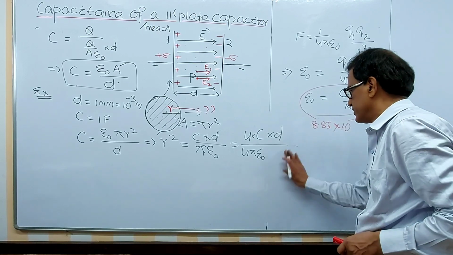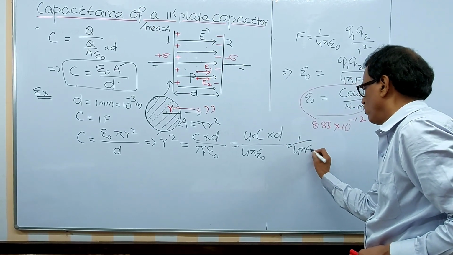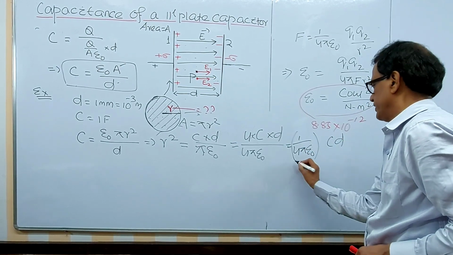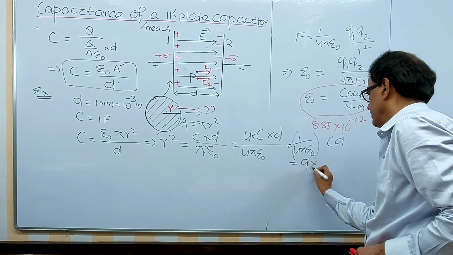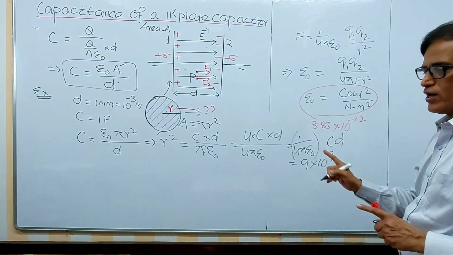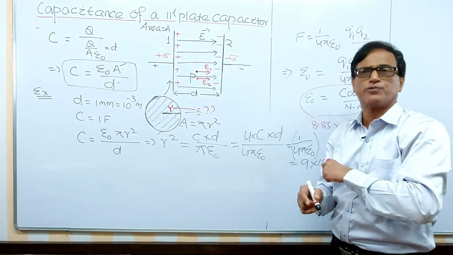I have done this to make 1 by 4 pi epsilon 0, which is 9 × 10^9. You know this value. It is better to substitute 1 by 4 pi epsilon 0 instead of simply epsilon 0 for manipulation.